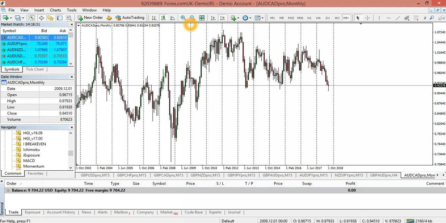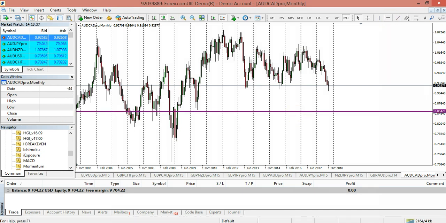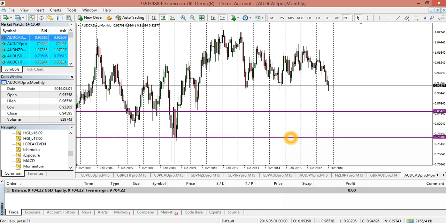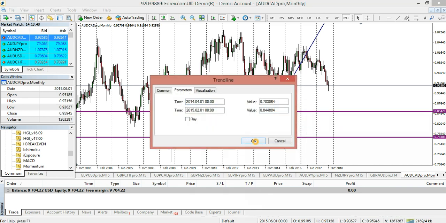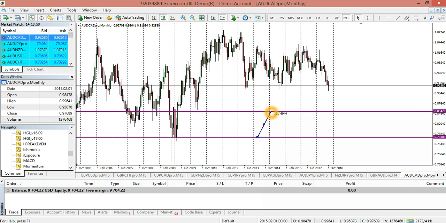A range is, let me just show you, the market moves, let's say, between these two points. So this is consolidation. Let's say the market moved from here to here. Let me just draw this out first. The market moved from here to here. Then it moved from the top down to the bottom.